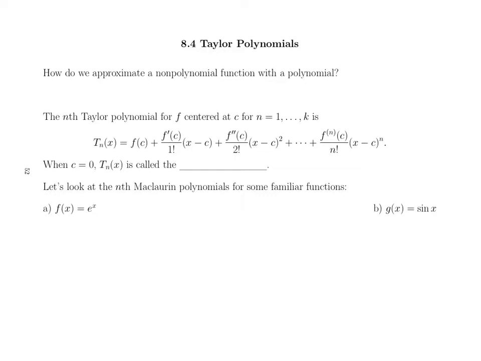So the idea of this section and also of section 10.7 is asking how we might approximate a non-polynomial function with a polynomial. And hopefully you did something like this in Calculus 1. There was an idea called linear approximation.